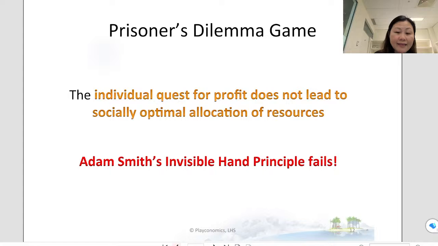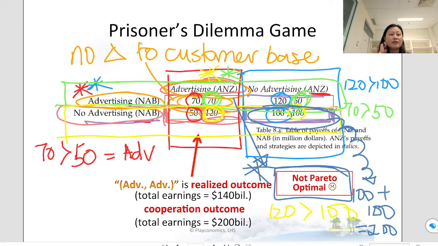Let's look back at this particular example and talk about Nash's point. Nash's point here is that this game, ANZ and NAB, suggests that ANZ and NAB are going after what is best for them.